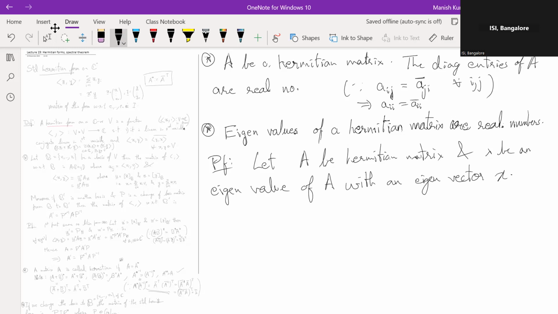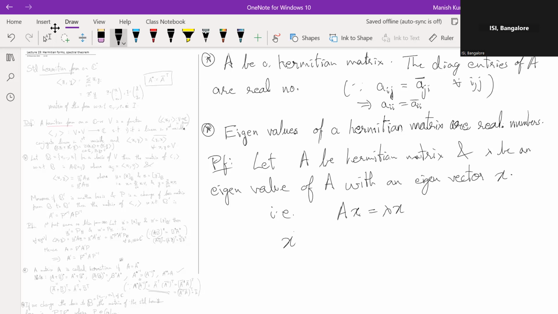Okay, so what do we know then? What we have is that Ax is lambda x. So x is some non-zero vector and Ax is equal to lambda x. We want to show that lambda bar is the same as lambda, that is, we want to say that lambda is real.